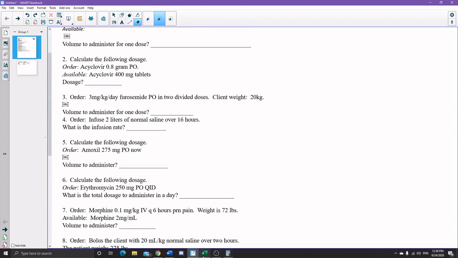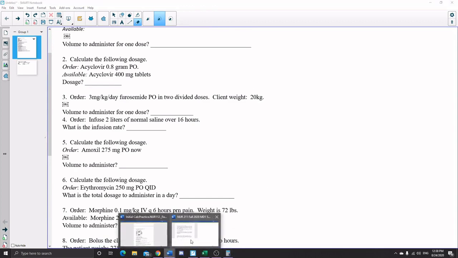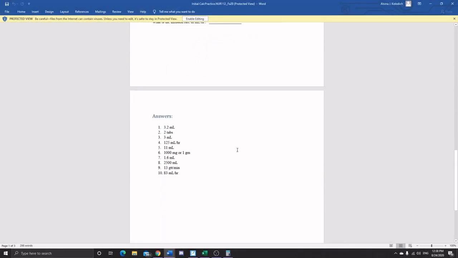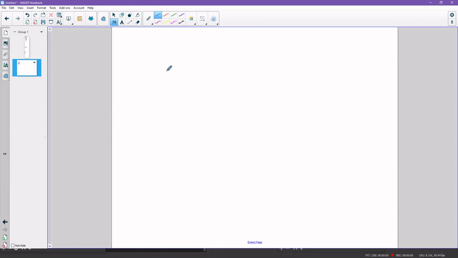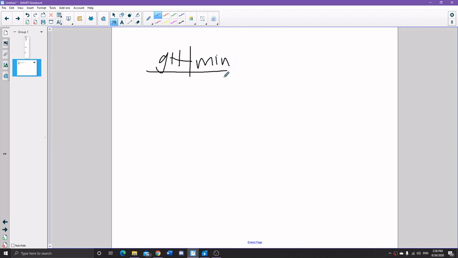We can check if we were right. So let's go back there. Alright guys, so I wanted to clarify that drops per minute, GTT per minute, can't be 12.5.